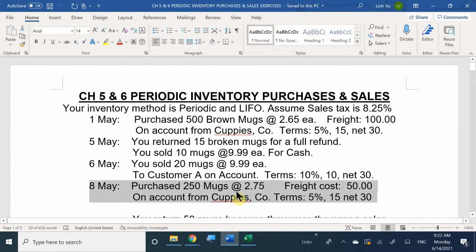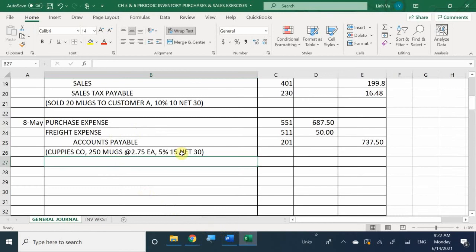The 5/15 with the net 30. Okay. All right. And that should be my journal. 5/15, net 30. Good.